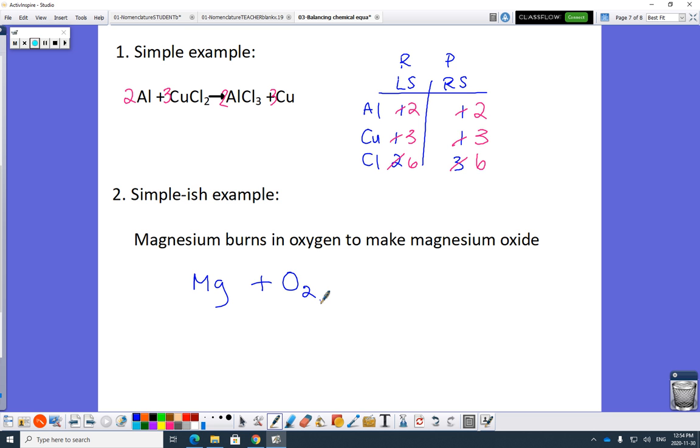And then magnesium oxide. Again, I feel like I did this one a zillion times, but you have to crisscross. But then also, it's ionic, so you have to reduce.